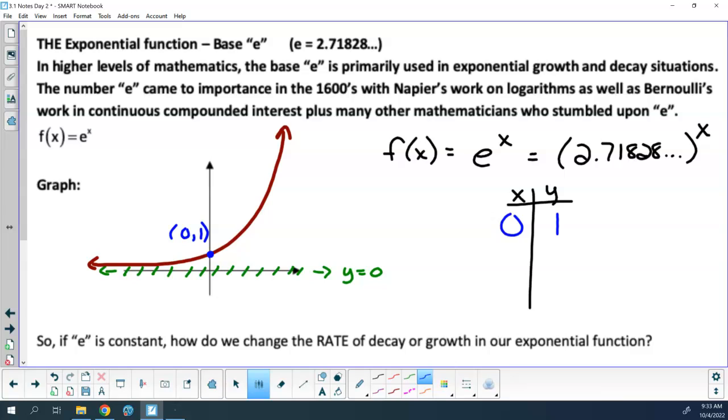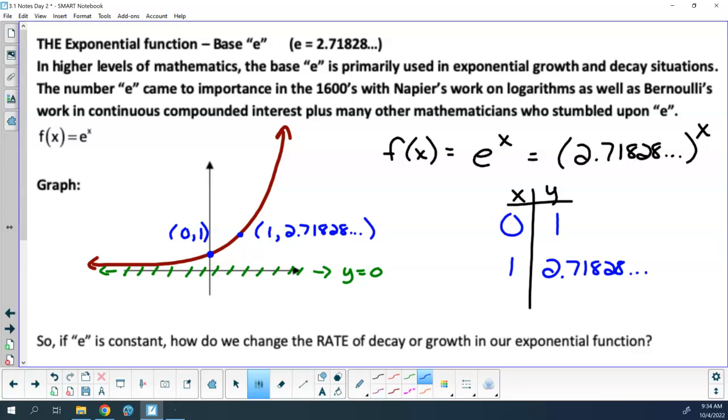Do we know another one? At 1. So 1 and then 2.71828, and that would be right in there. Love it.